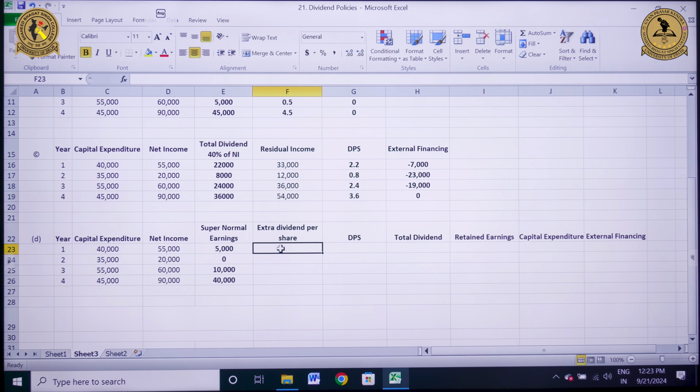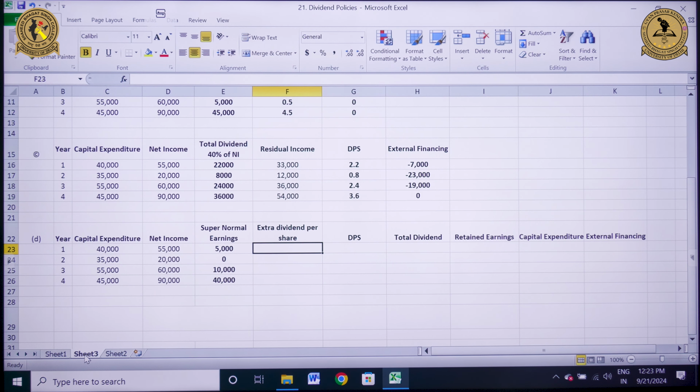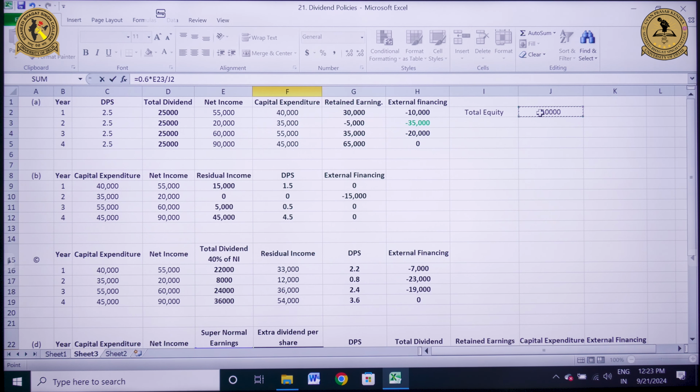Now I need to calculate the extra dividend per share. The question clearly specifies that the extra dividend is 60% of supernormal earning. So it equals 0.6 multiplied by 5,000 divided by 10,000.